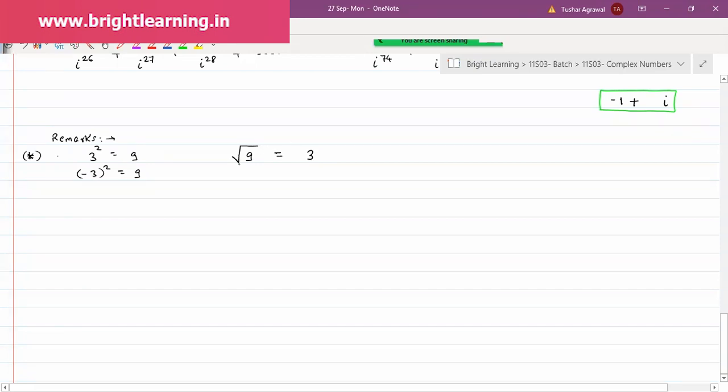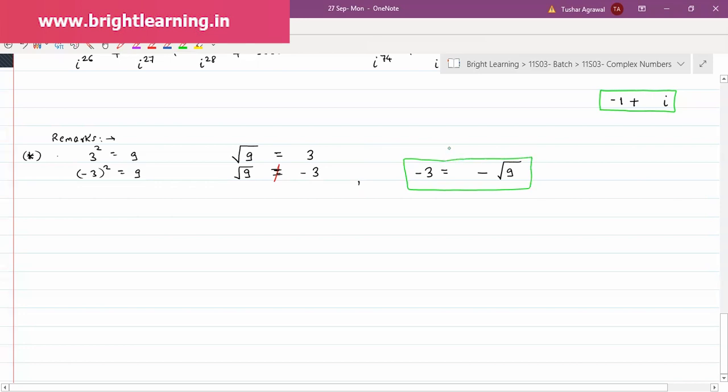We never say 9 under root is equal to minus 3, this is completely wrong, because that symbol is reserved for the positive value only. If at all you are determined that you have to somehow write that negative 3 in terms of under root, then you can write negative 3 is equal to minus of the under root of 9. Yes, now this is correct. This was the meaning of that under root symbol.